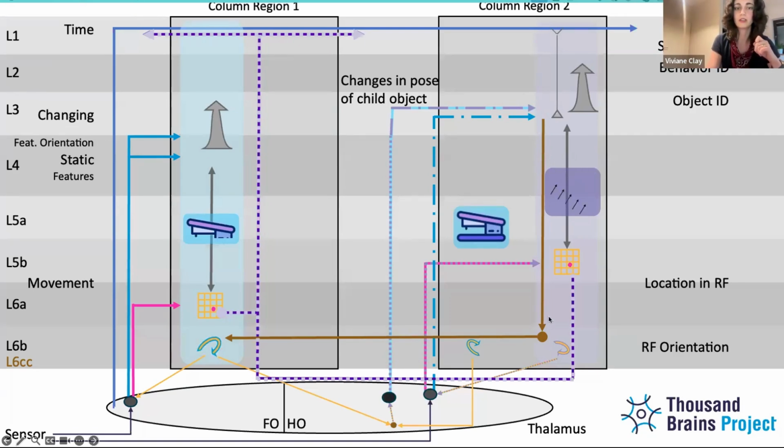And now we can project these changes over here and through the sequence of behaviors, update the expected orientation of the stapler top. And then all the predictions about morphology, about which features to expect, are made down here using this learned model of the stapler top. We don't have to do anything. We just adjust at which orientation we expect it to be using this feedback projection. And that transforms the incoming movement vector and the incoming feature vector and lets us make predictions.